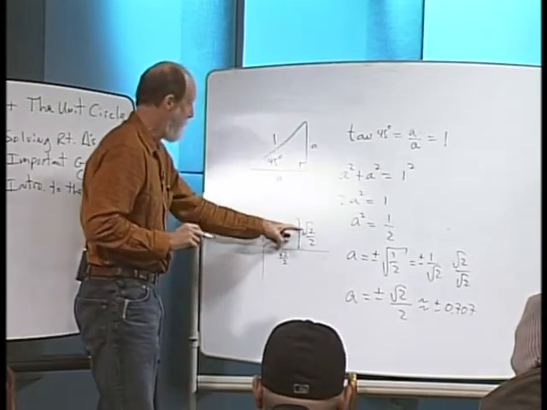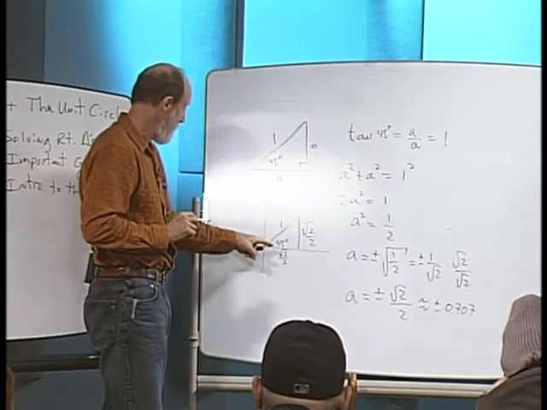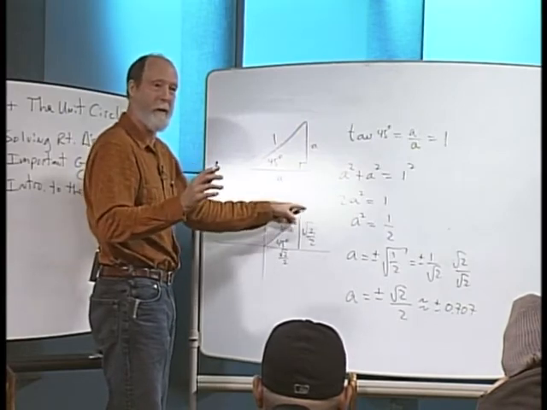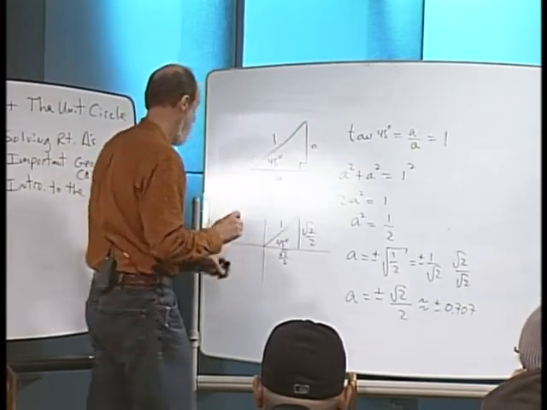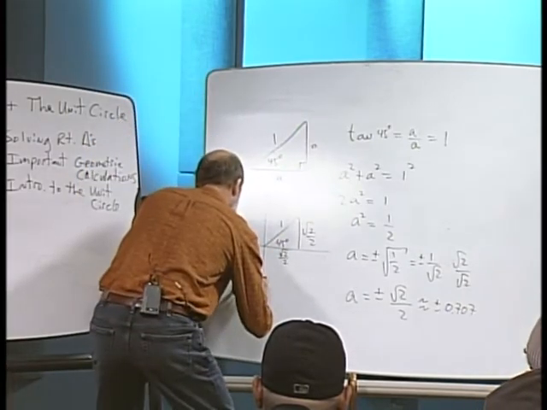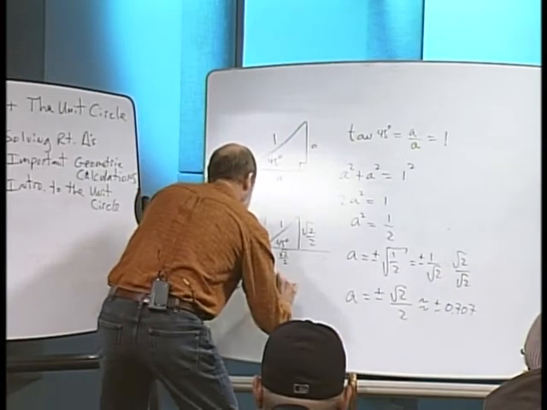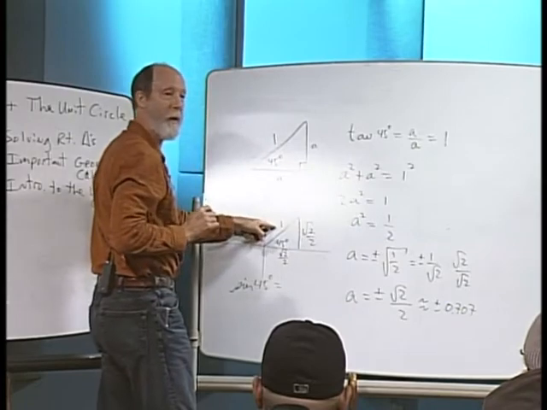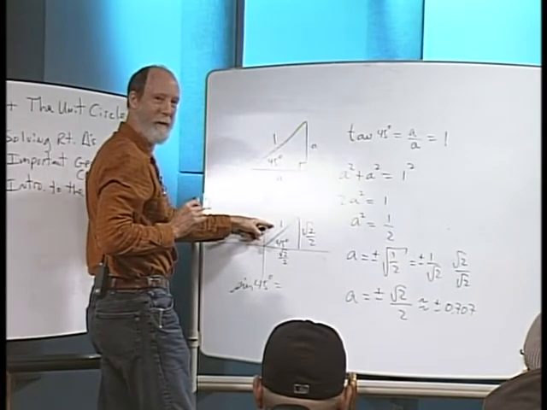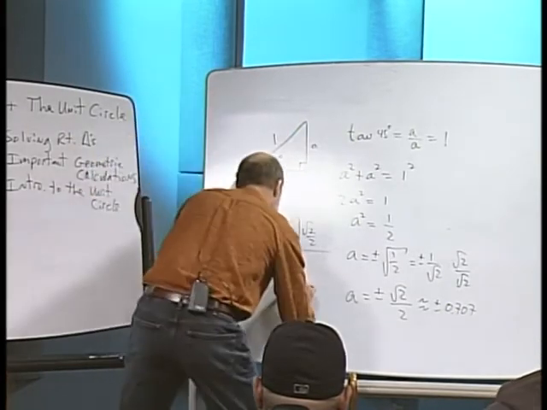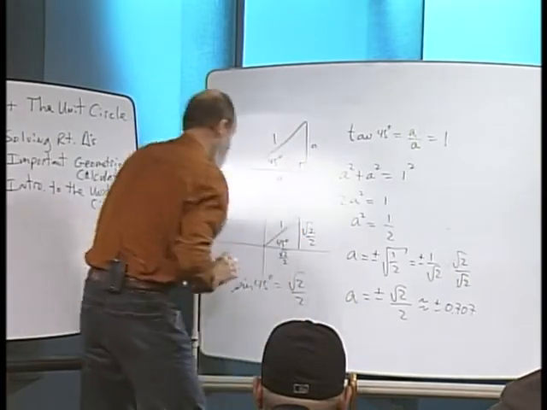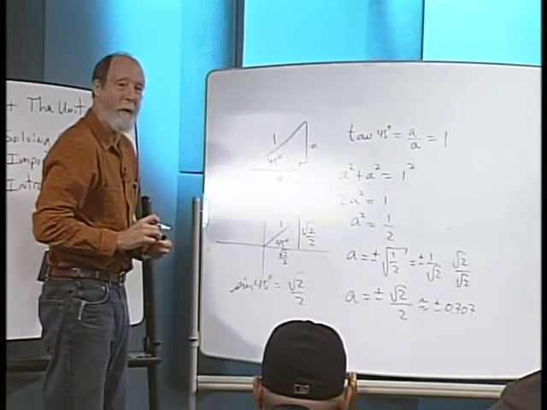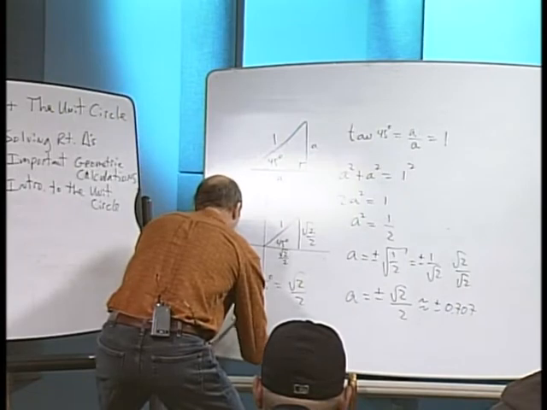Now, look at this. What's the sine of 45 degrees? By definition, the sine of 45 degrees is your opposite, radical 2 over 2, divided by 1. Right? So it's just radical 2 over 2. How about the cosine of 45 degrees?